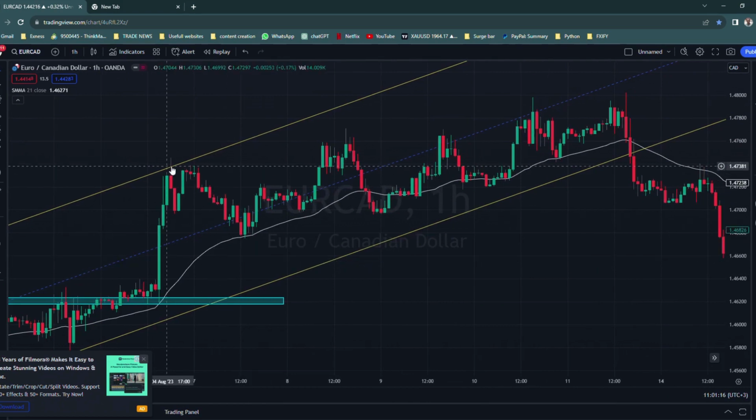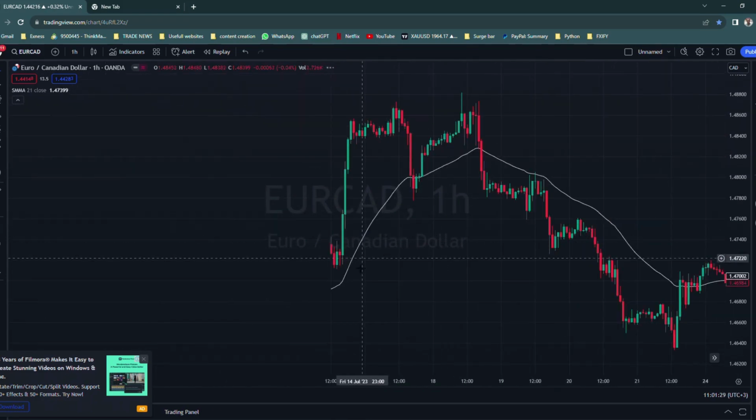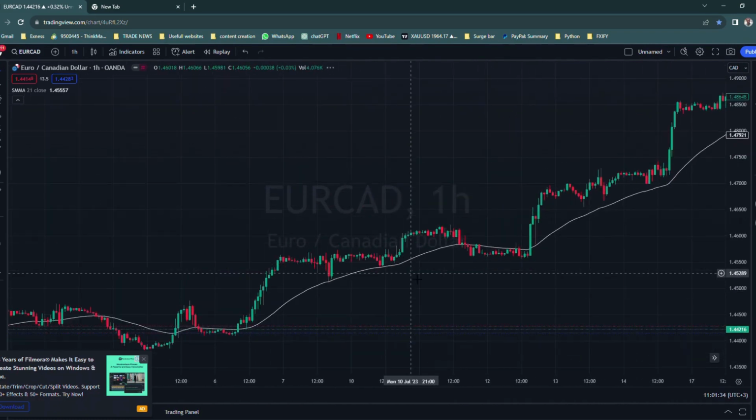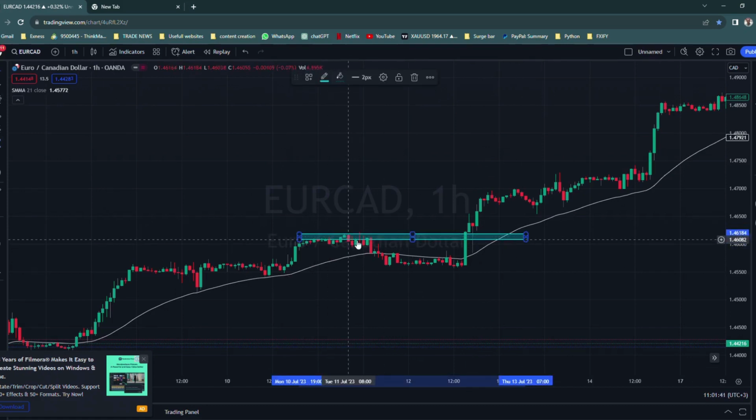And another example, let's see here, do we have another example? We don't have a clear example in this setup right there, but I saw some example a little bit behind here. Exactly, it's right here. So if you look properly, there was a rejection right here, a resistance, and then it was broken and the pin bar was formed right above this rejection and exactly on the 21-day moving average.